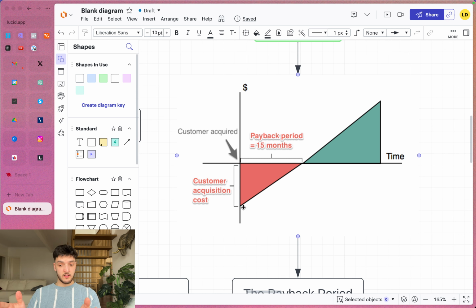So you're basically losing $50, right? Because you're paying 100, and they pay you only 50. But the payback period is literally telling you in how much time you need to pay back this customer acquisition, and here on this image it's 15 months.